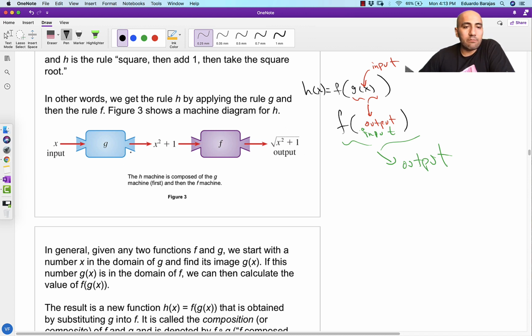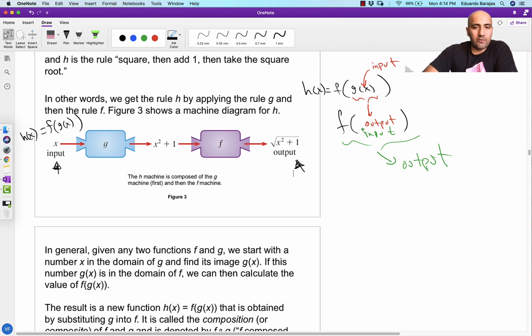Just the blue by itself, here's the input, here's the output. Just the purple by itself, whatever input comes here, the output is just to take the square root. But combined, we call this a function machine. We have our input for the combined function, the composition function of f composed with g. This is the new function h of x. The input to this h function goes here, and then lots of math, and then here comes the output of the h function. Okay, so hopefully that made a little bit of sense.